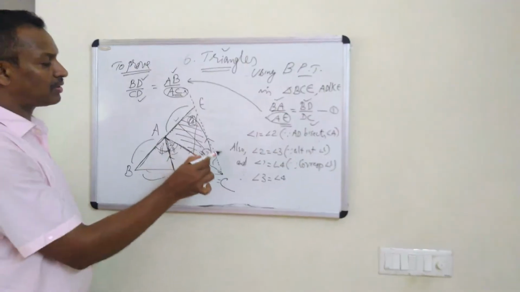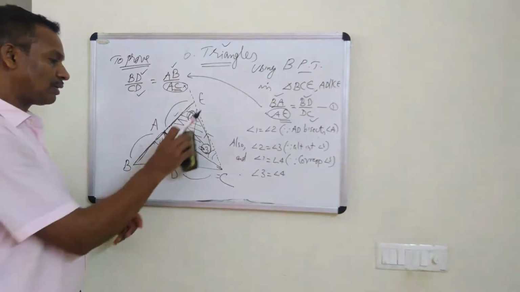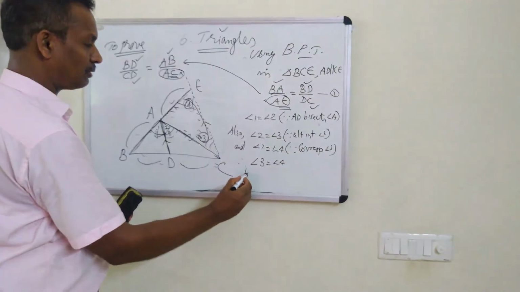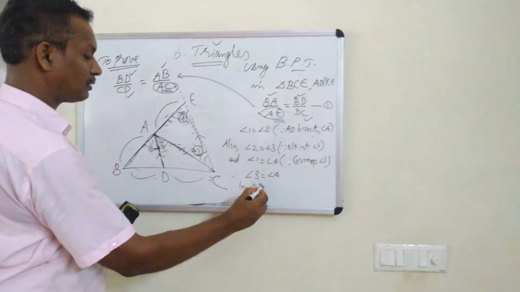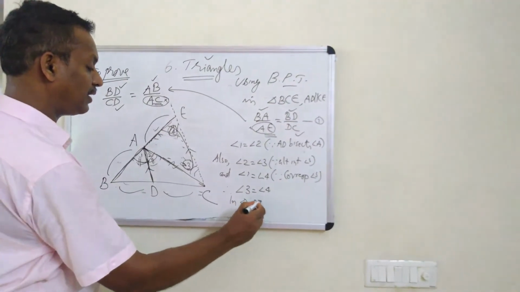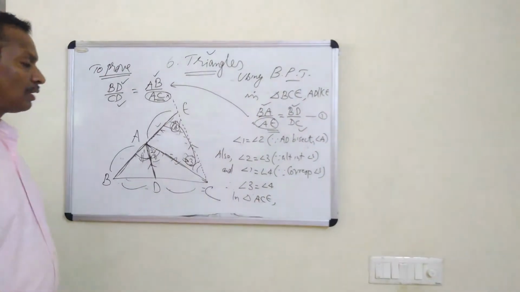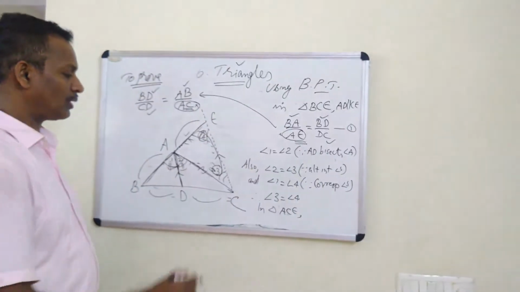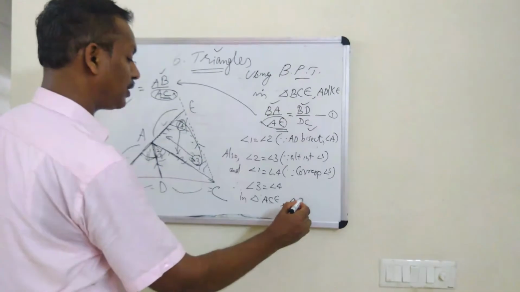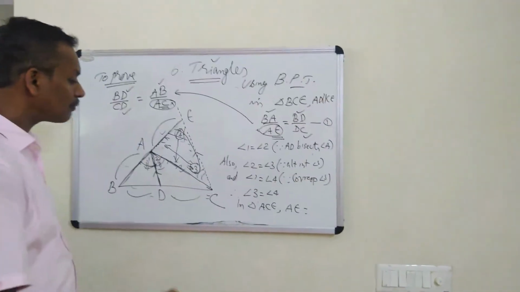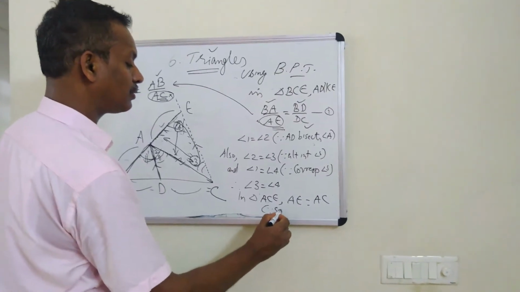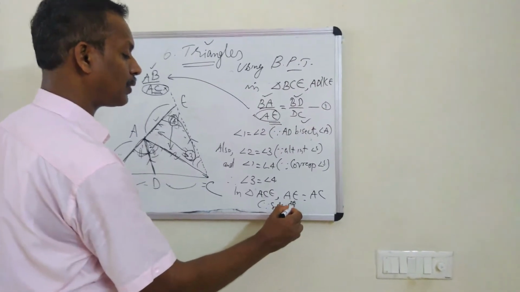Now in triangle ACE, angle 3 and angle 4 are equal, so their opposite sides are equal: AE is equal to AC, because sides opposite to equal angles are equal.